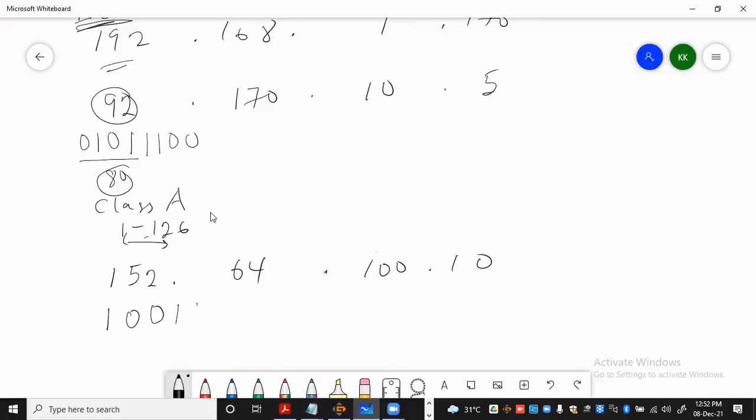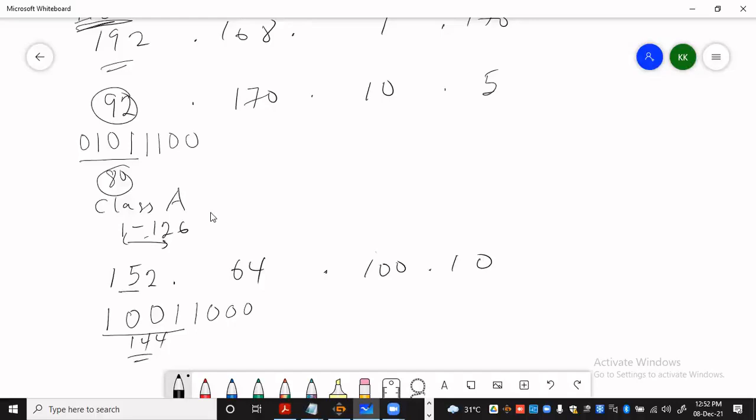So 8 can be turned on and the rest has to be turned off. So the first 4 bits, which was 128 plus 16, 128 plus 16 is 144.